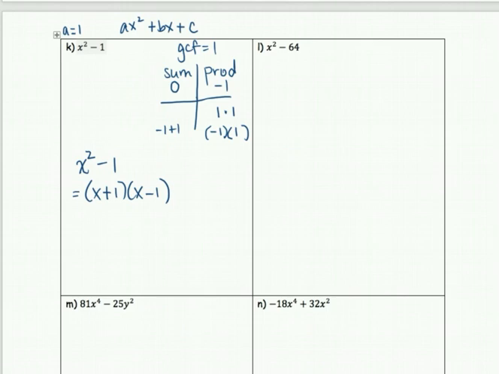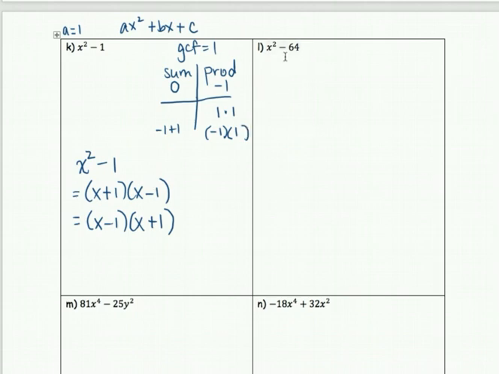Or it's okay to write it this way as well. Still the same. So don't panic just because the b is missing. It just means you have to sum to 0, and then the product is still the -1 here.